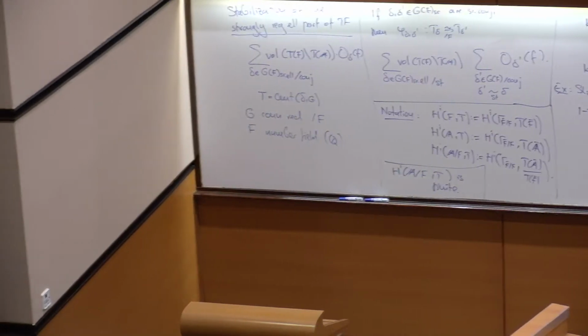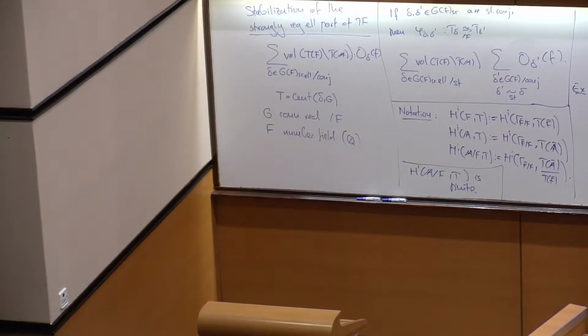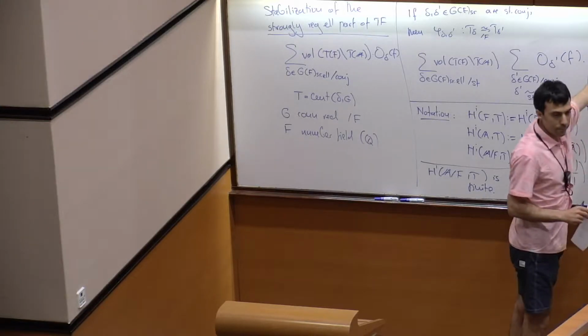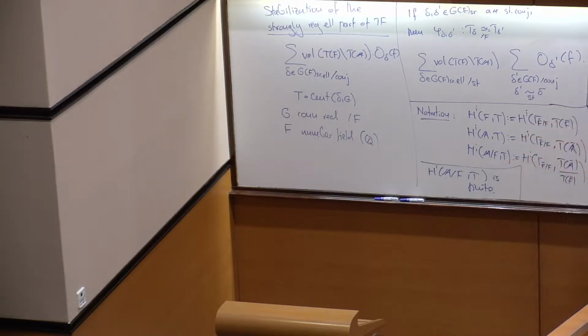This is an unfortunate collision of notation. So this map, this kernel is the kernel of this map. So I think this is the map alpha. I don't think I used the other map alpha anywhere.